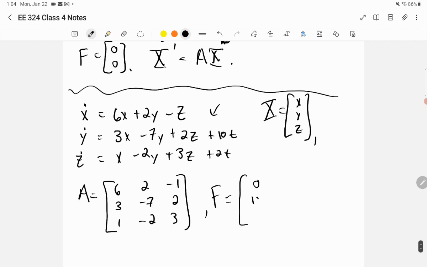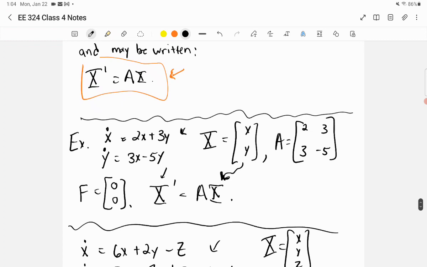But 0, 10, and 2 would be our function f times, I guess I should have my t's in there. Okay, or I could have had it as plus f times t.